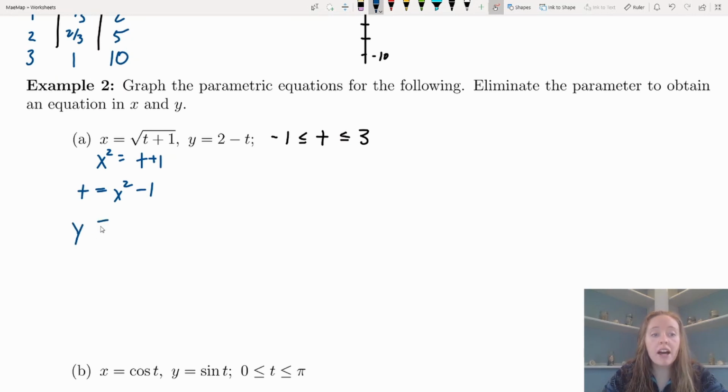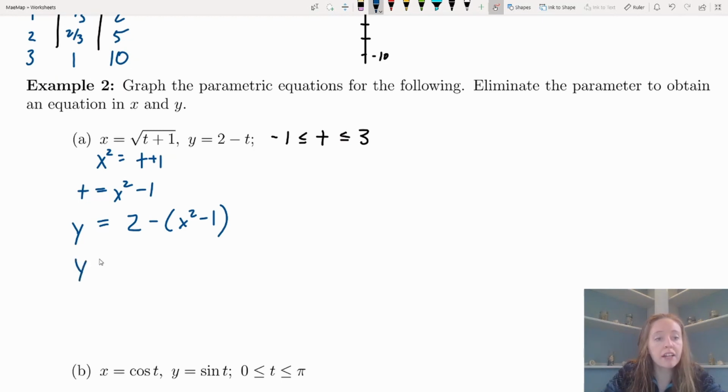Now for y, I no longer have y equals 2 minus t. I'm going to plug x squared minus 1 in for that t. So this is going to be minus (x squared minus 1). And those parentheses are important because x squared minus 1 represents t, and we're subtracting all of t.